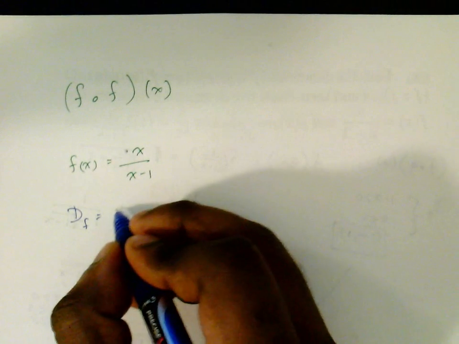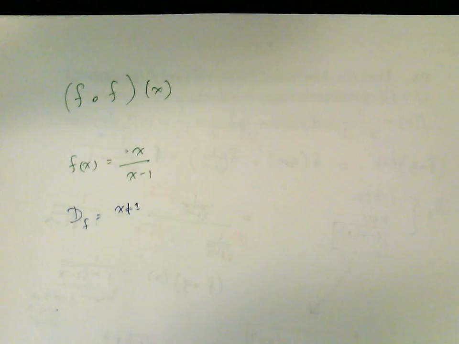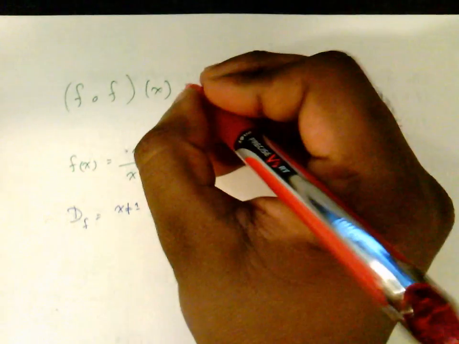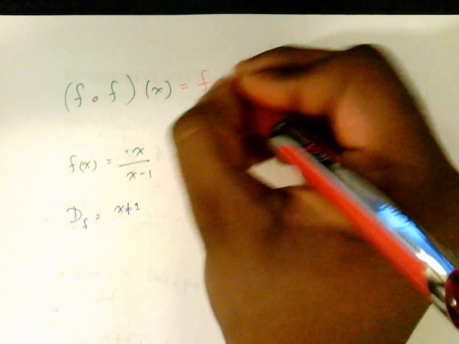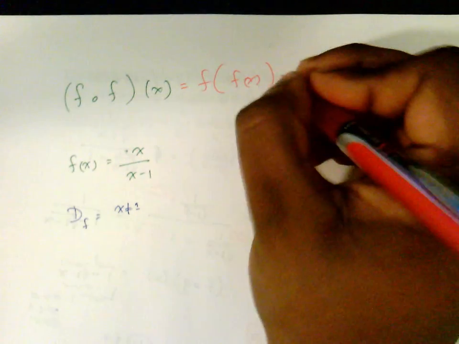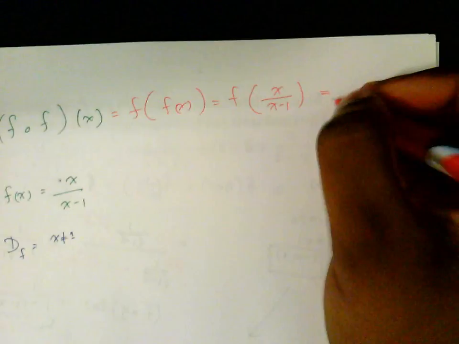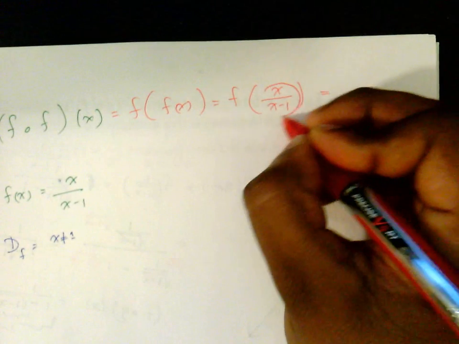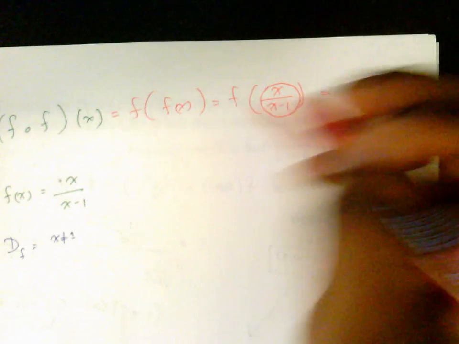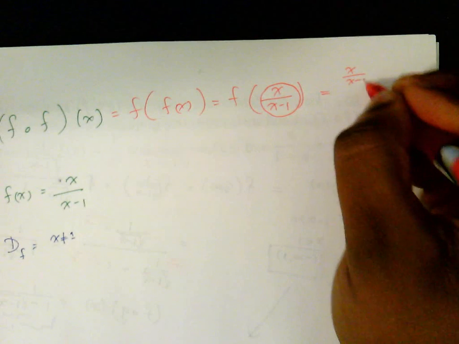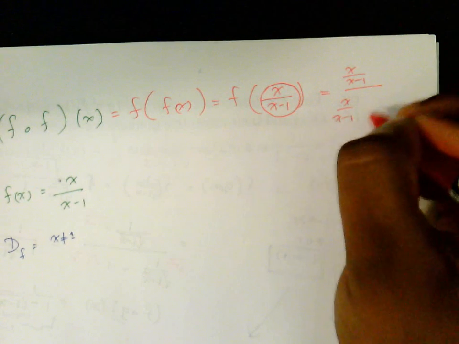So the domain of f is x not equals 1. So let's see what happens when you do f of f of x. f of f of x, which is f of x over x minus 1, which is, plug in this whenever you see x in here. So x over x minus 1 over x over x minus 1 minus 1.